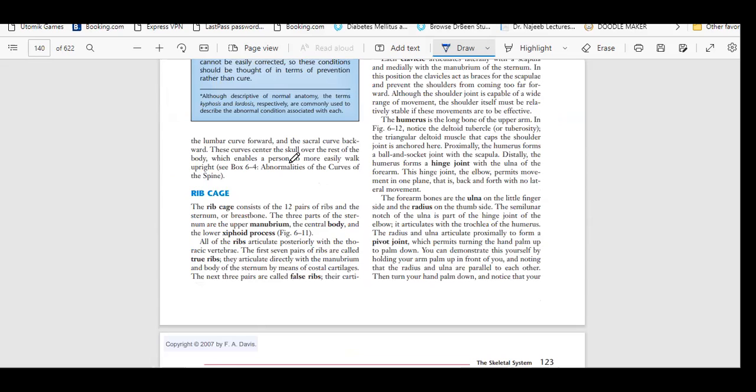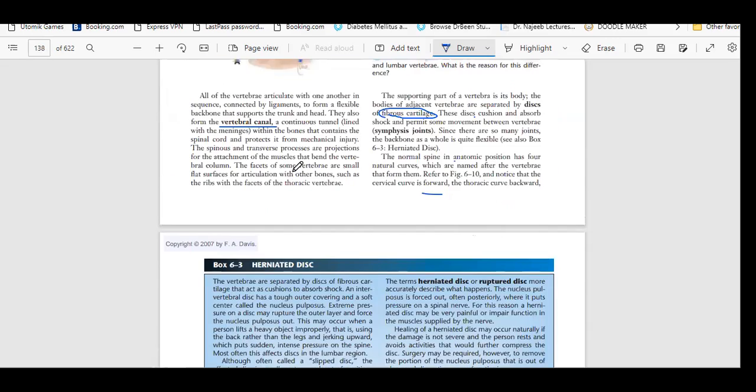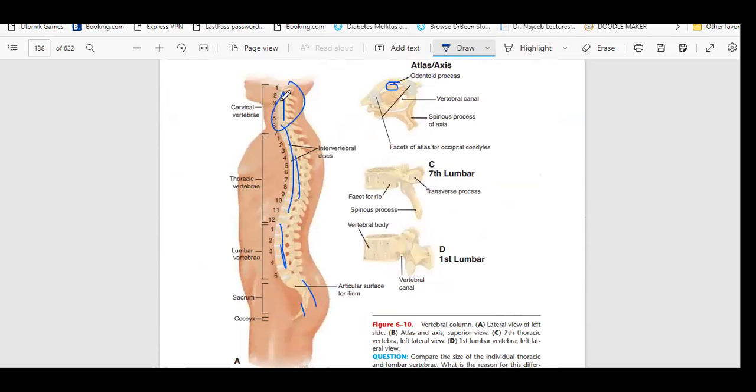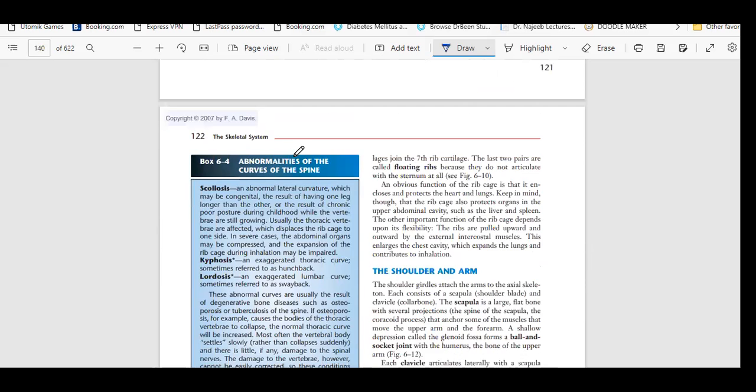These curves center the skull over the rest of the body, which enables a person to more easily walk upright. So that's the reason we can easily walk. We have to maintain the curvature of the vertebrae by sitting in the right position.